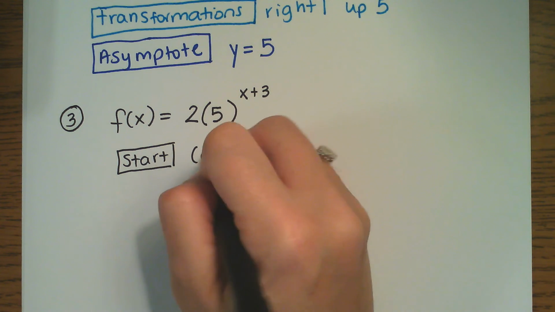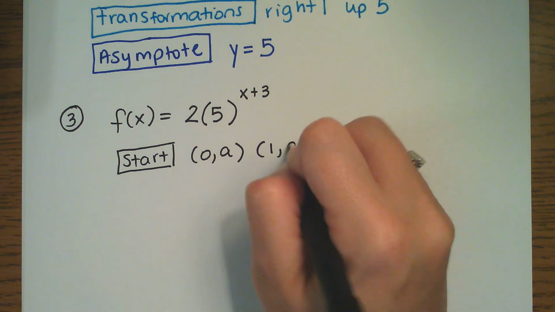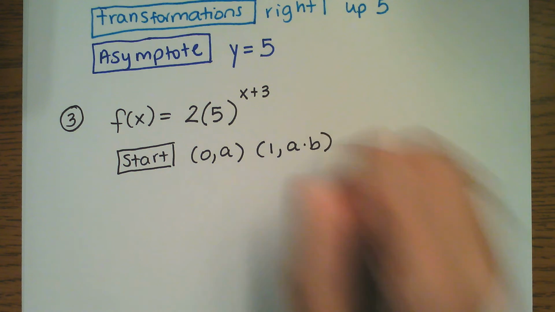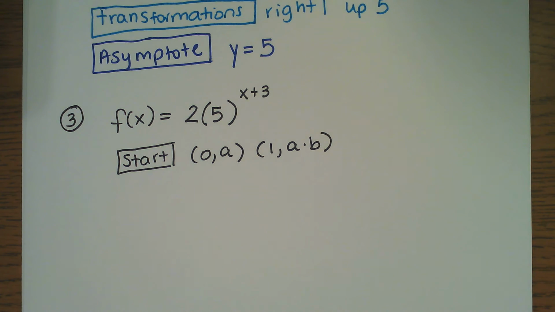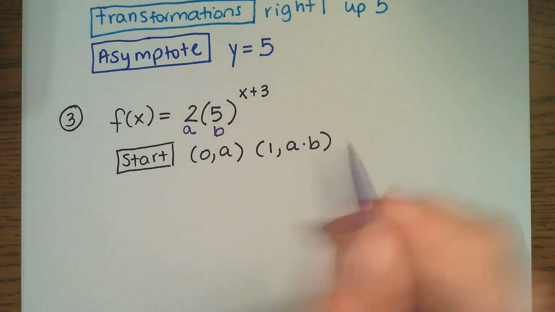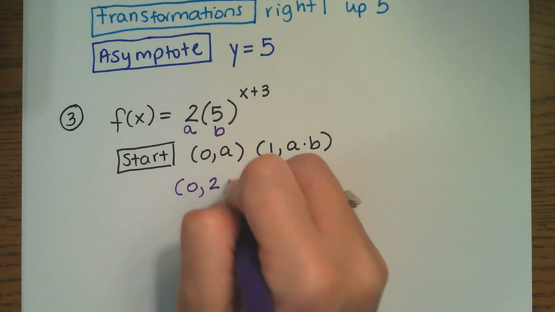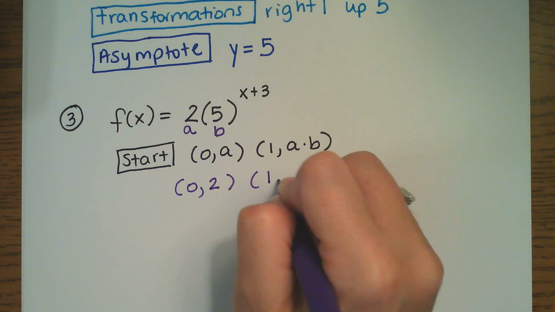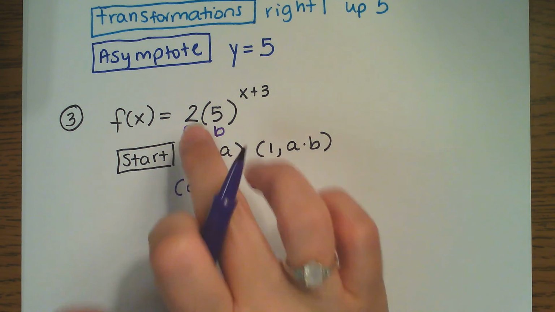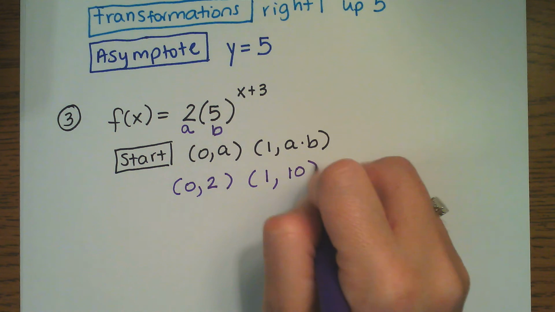So 0, a, 1, a times b. So a is 2 and b is 5. So 0, 2, 1. So I'm going to multiply 2 times 5 is 10.